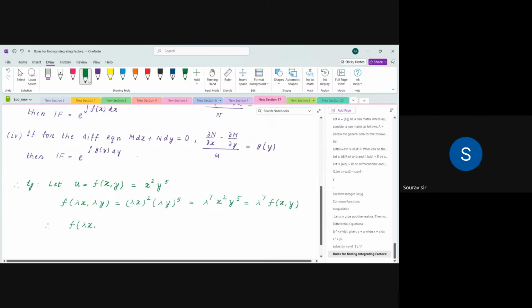What did you do? You changed x and y by the same proportion lambda, correct? And as a result, the functional value changed by lambda raised to the power 7. So this 7 is what we call the degree of homogeneity.